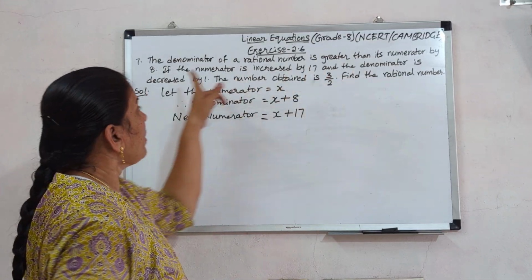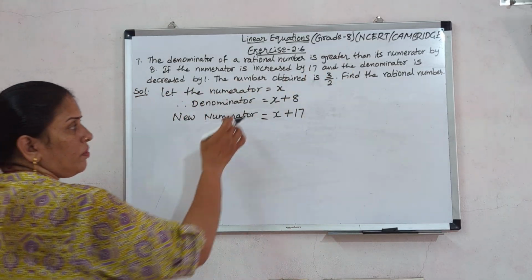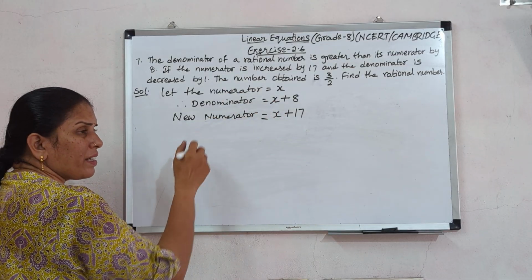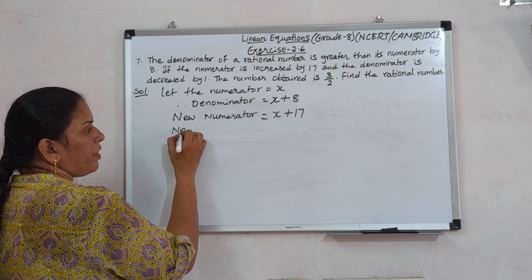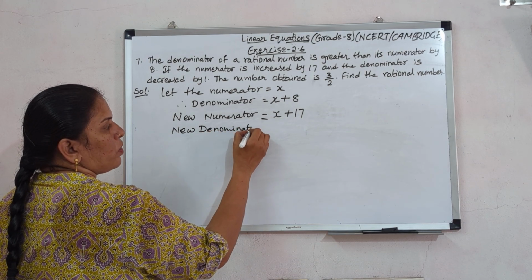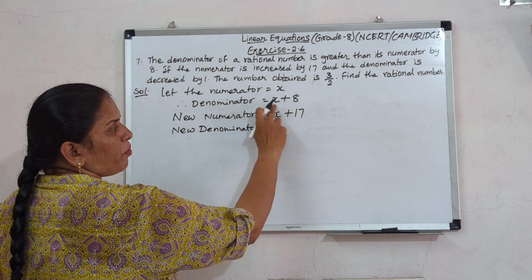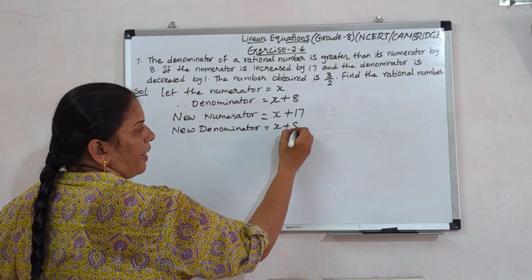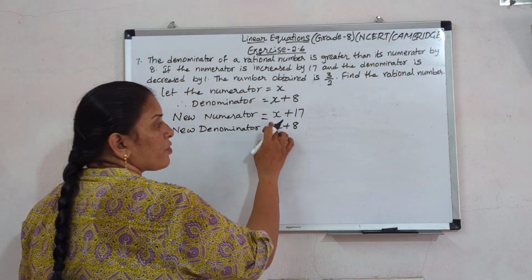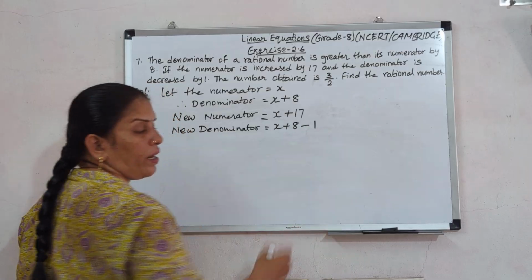And the denominator is decreased. Previous denominator is x plus 8. Present denominator, new denominator, is equal to how much? What is the denominator here? X plus 8 is decreased by 1. Decreased means from this you must subtract 1.